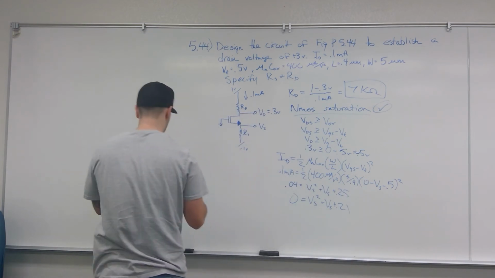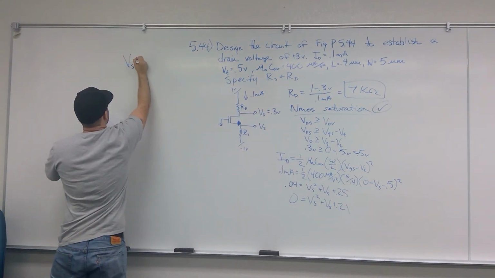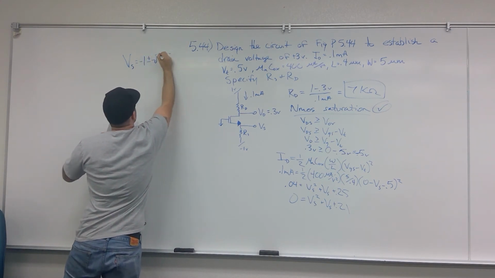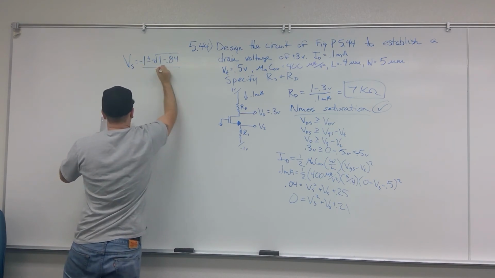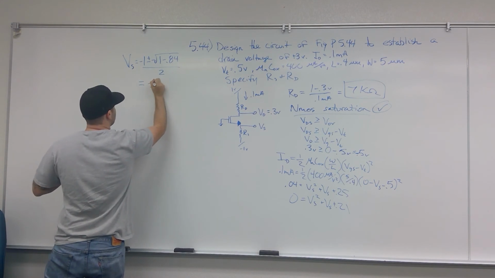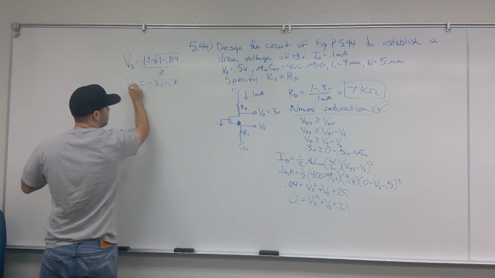All right, now we can use our quadratic formula. And we're going to get two values. We'll get negative 0.3 or negative 0.7 for VS.